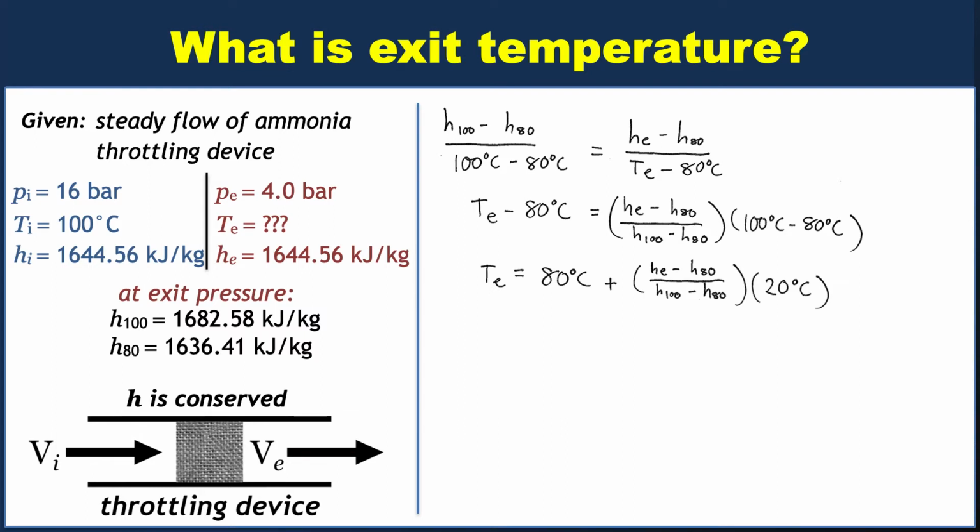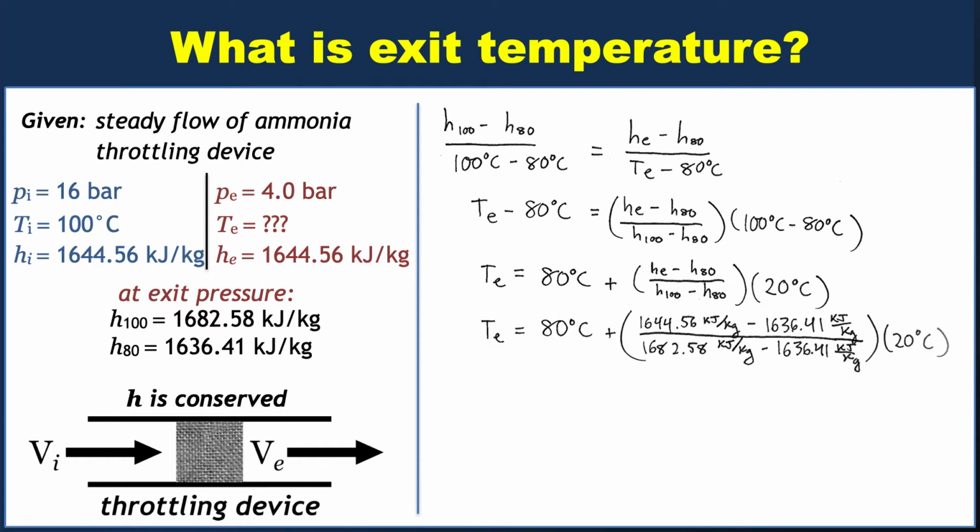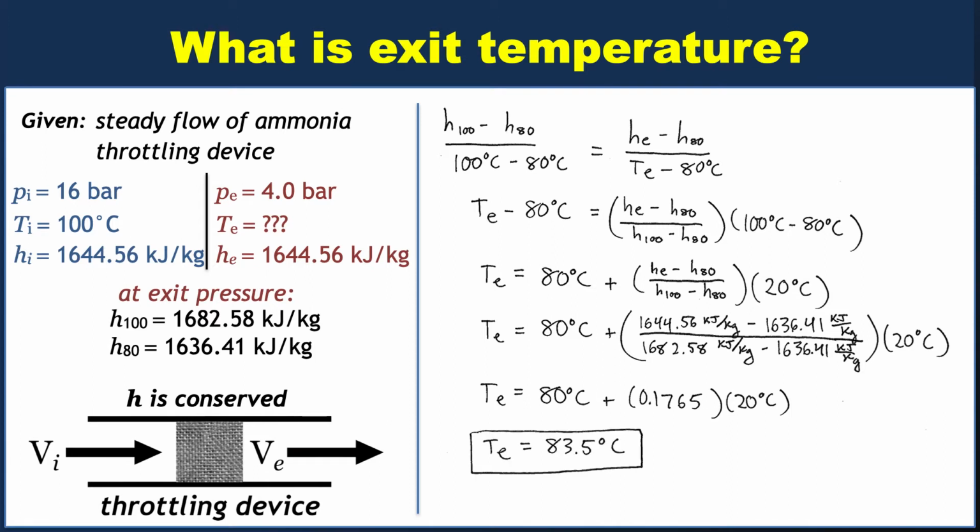And we get this expression, and now we can just plug in our numbers because we know everything on the right-hand side. We found it all in the lookup table, or in the case of the specific enthalpy at the exit, we knew it because it was the same as the inlet value. So we put those numbers in, simplify this, and we find that the exit temperature, according to this approach, is 83.5 degrees Celsius.